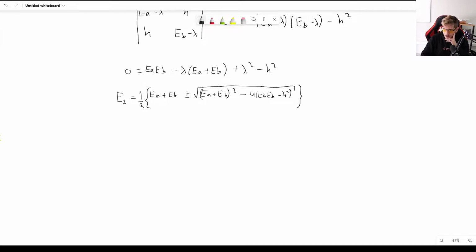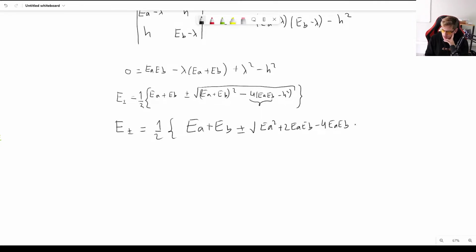So now we can simplify this square root a little bit. So E plus minus will be the same thing at the start, EA plus EB. And then inside the square root, we get EA squared plus 2 EA EB, and let me write this right next to this part, so minus 4 EA EB plus EB squared plus 4h squared. So now we can write this as follows.